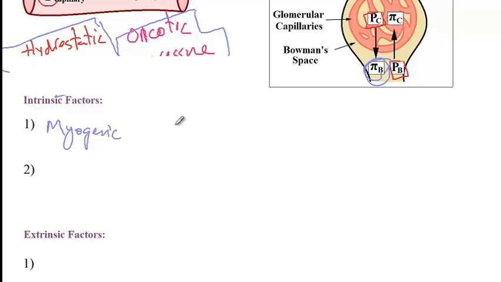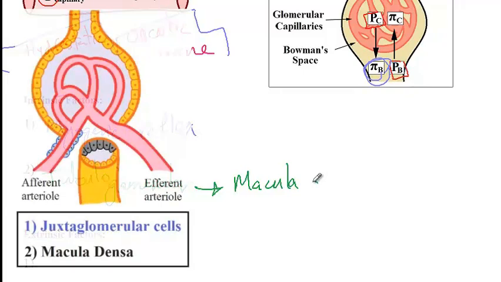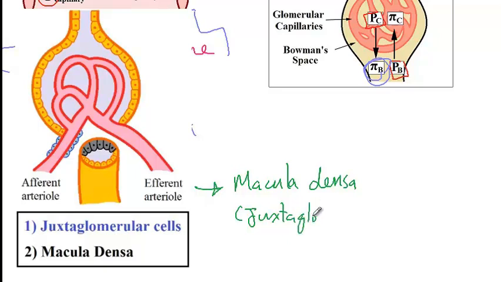All right, so the very first mechanism was the myogenic reflex. And then the second mechanism is the tubuloglomerular feedback mechanism, where there are cells that are called macula densa, and these are found at the juxtaglomerular apparatus.